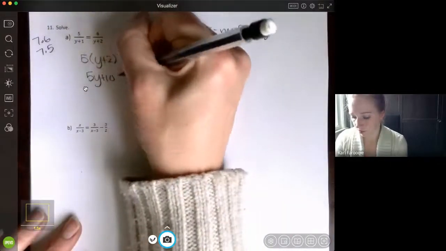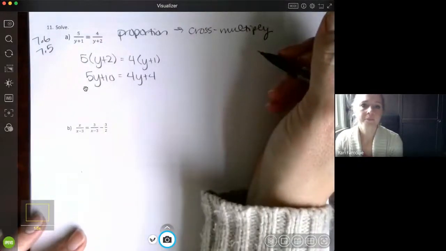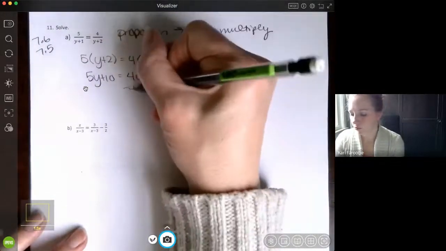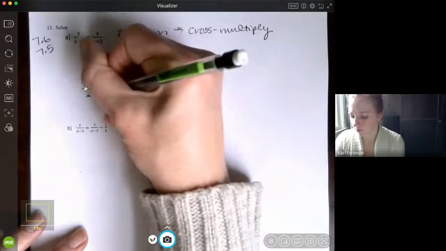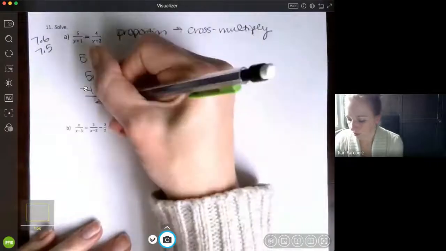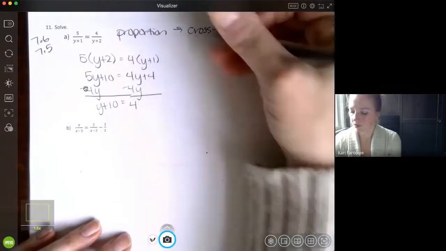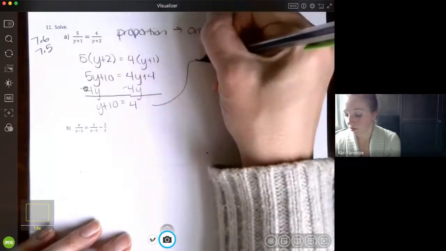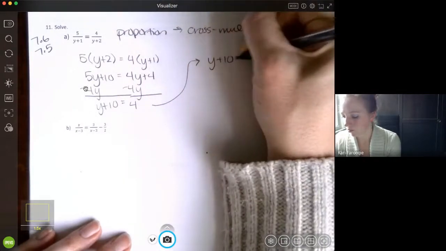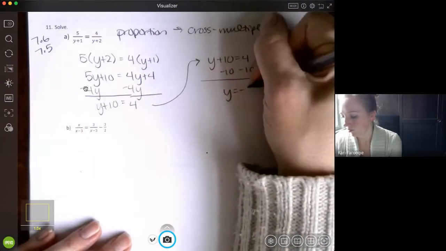So 5y plus 10 equals 4y plus 4. And then subtract 4y from both sides. That leaves you with y plus 10 equals 4. And then you're going to subtract 10 from both sides. Let me rewrite this over here. And you get y equals -6.